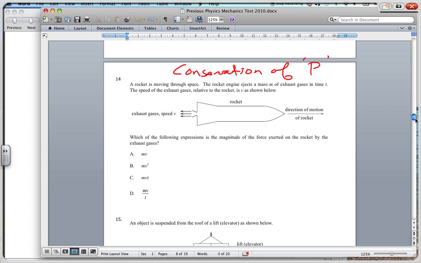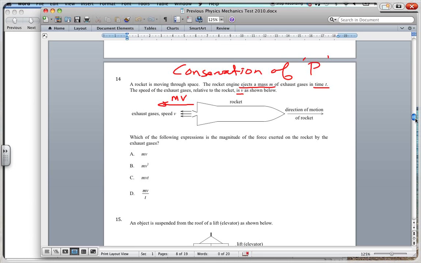So we've got a rocket moving through space. The rocket engine ejects a mass m of exhaust gases in time t. The speed of the exhaust gases relative to the rocket is v. So we get here something like this, mv in that direction.